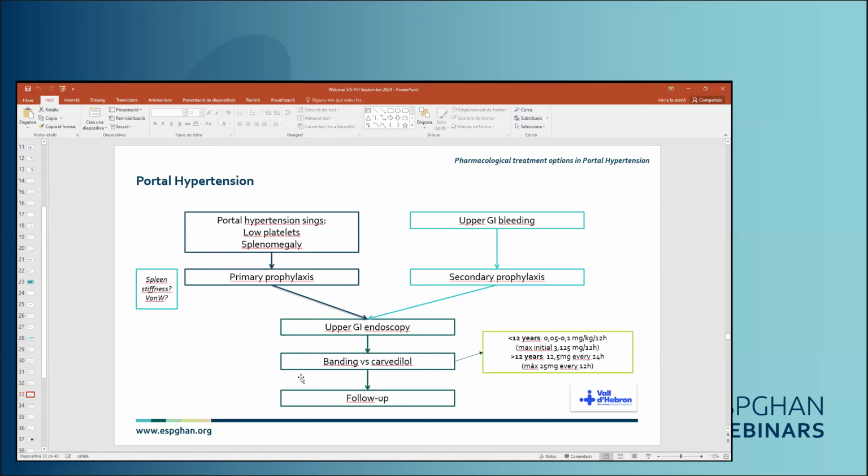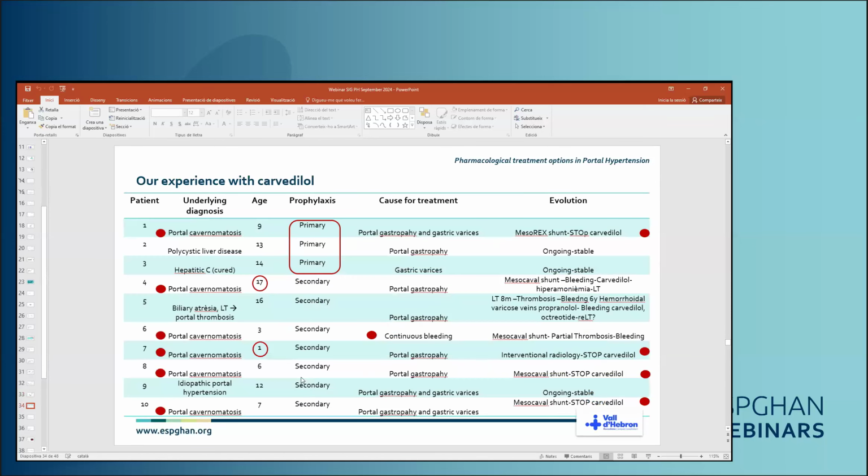In the rest, we usually just ligate those varices and don't use carvedilol or propranolol and follow up. For now, we're just using low platelets, being under 150, and splenomegaly. And we are starting to use spleen stiffness, but not yet in our protocol.